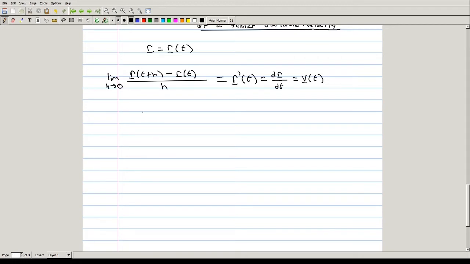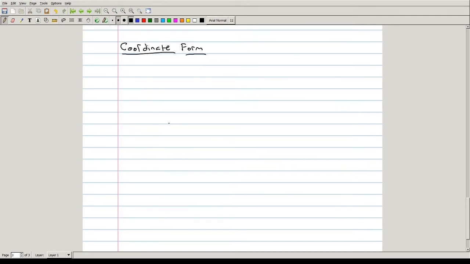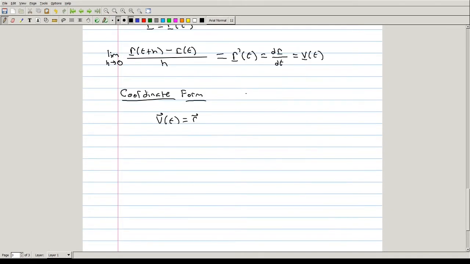However, if you were to calculate this in coordinates, you have that v of t, or r prime of t, and let me go back to using the underline notation. We go through and try to find the coordinate form of this.